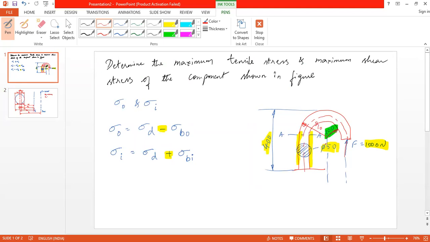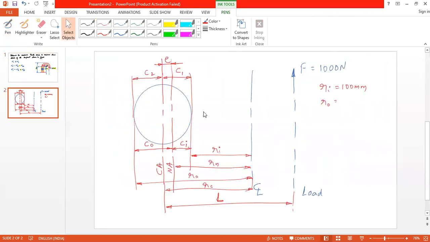It is 100 plus 50, so it is 150 mm. And what is Rc?